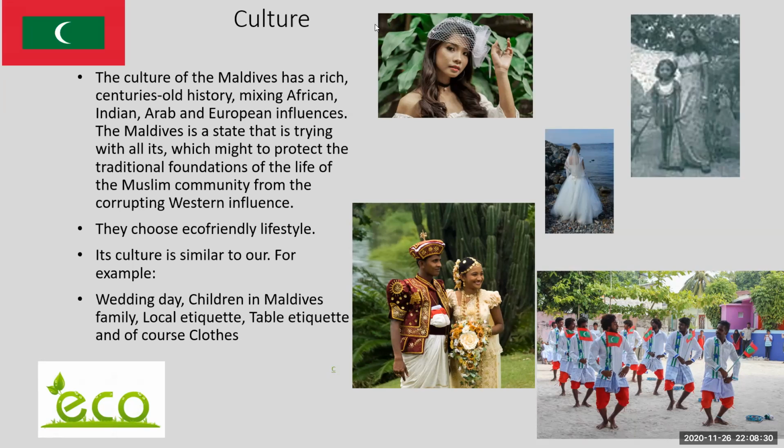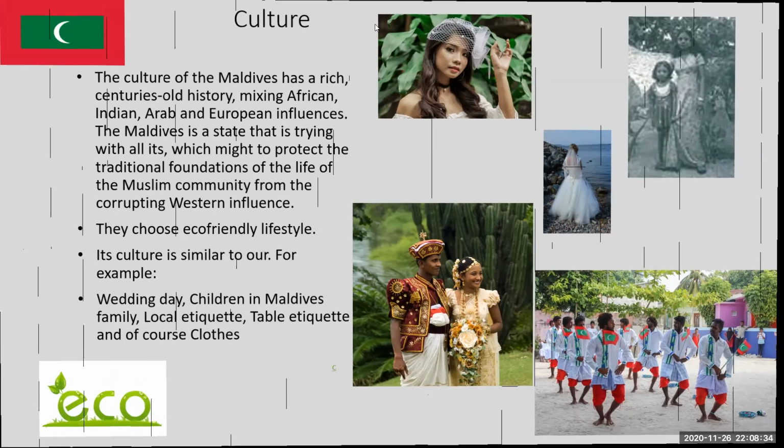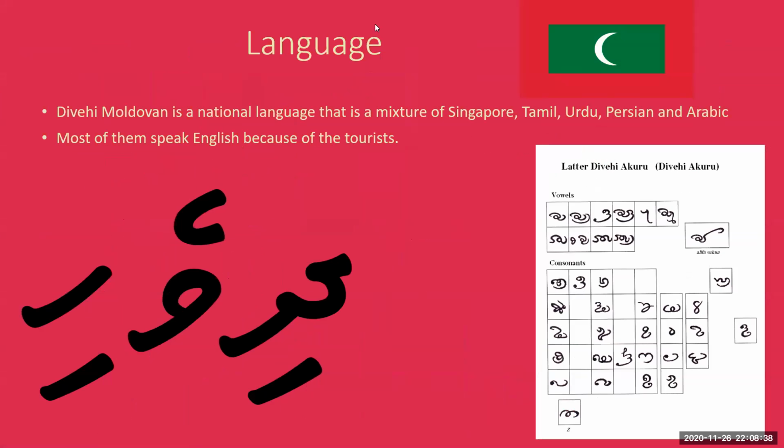And let's talk about the facts and language, of course. Before we talk about facts, we should talk about language. As you might know, Muslims mostly speak Arabic, but their language is something different.